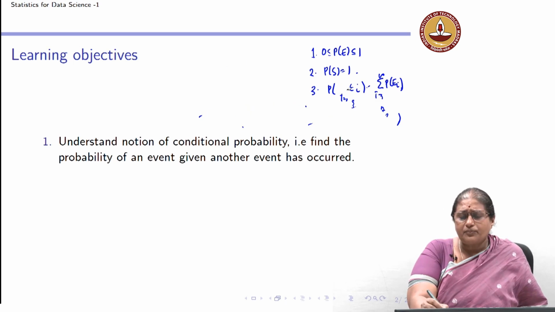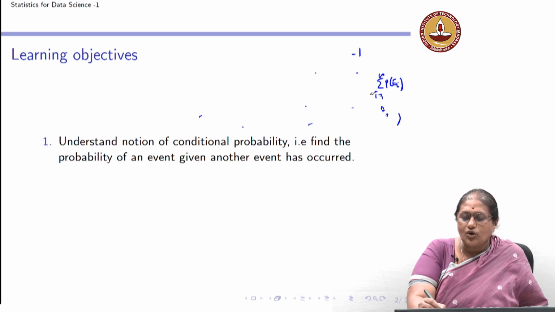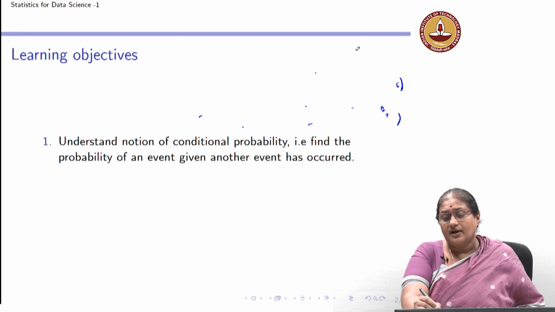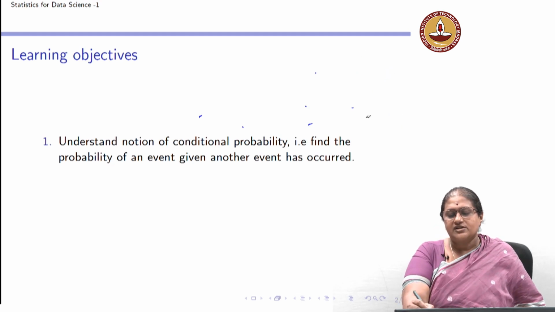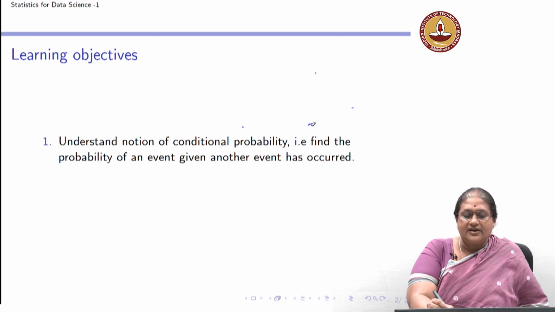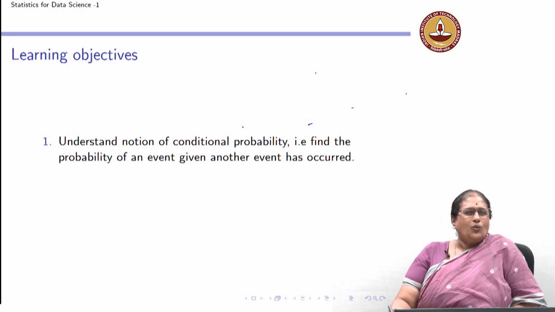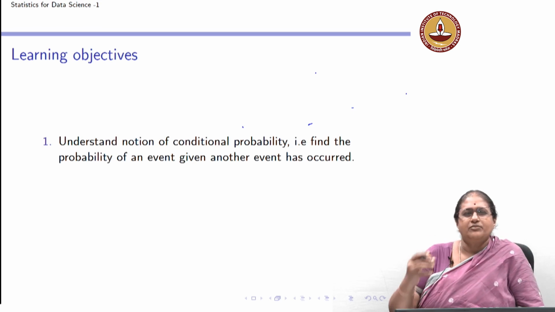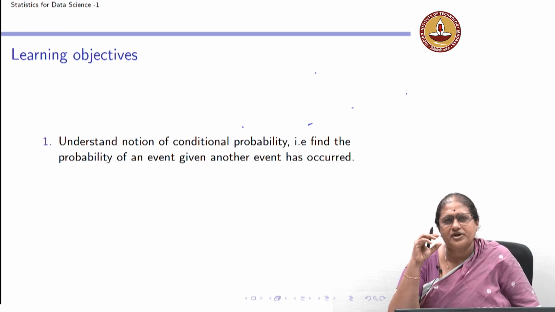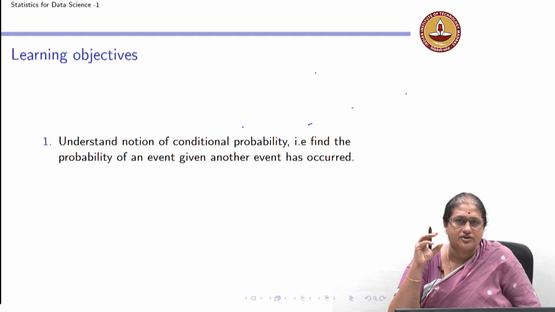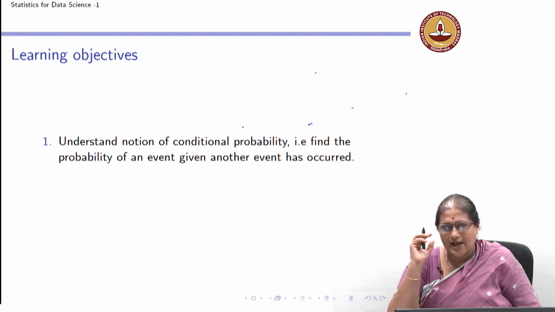So, the next important thing we are going to understand today is how I compute probabilities when an event is conditioned on another event. Now, why is this important? Sometimes I might have partial information about something that has happened.